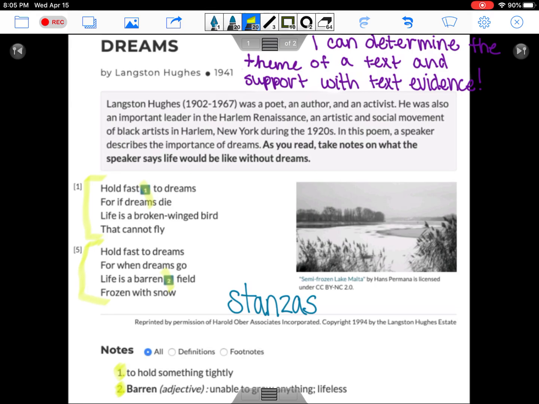Hold fast. Well, hold fast doesn't really make a lot of sense. To hold it quickly? No. It means to hold it tightly. And then when we see down here, we see a 2 next to this word barren, and it comes down here and it just tells us the exact meaning. Barren is an adjective, unable to grow anything or lifeless. So those are some really good reminders for us.